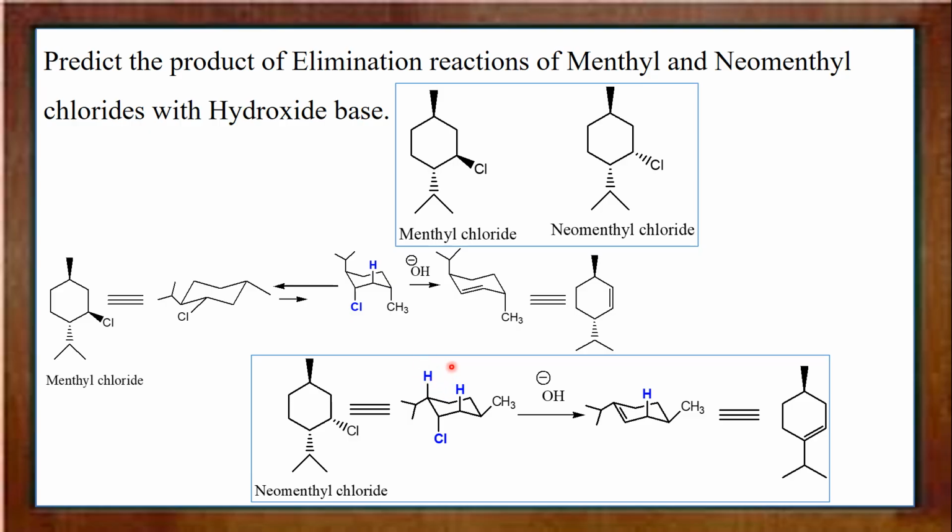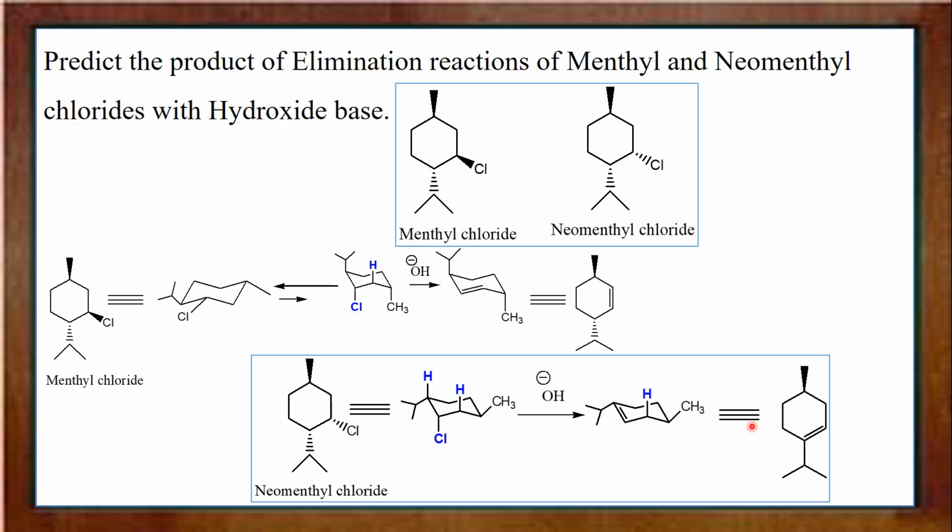So the hydrogen present on the more substituted carbon is removed by the base. If this hydrogen is removed as a proton, the bonded electrons will move here to push the chloride out, and we get a double bond here.